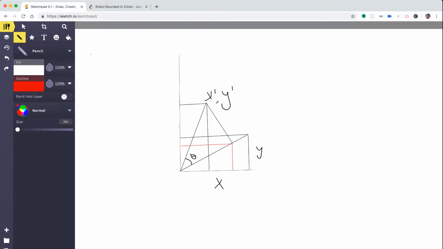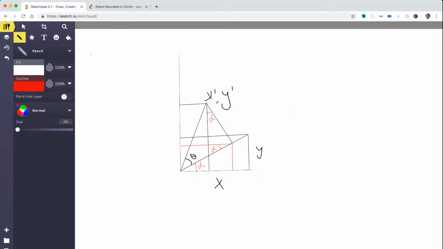Let's say it's alpha. Okay, this is alpha, then this is alpha, and this is alpha, right?